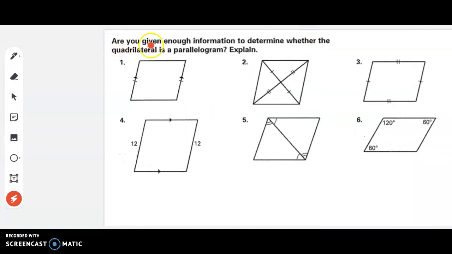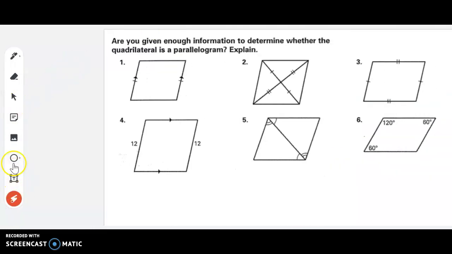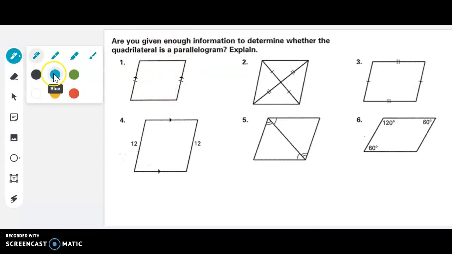So, are we given enough information to determine whether the quadrilateral is a parallelogram, and explain? The explain part is going to go back to these properties. Which one of these properties applies? On my first one, I'm noticing that I have a pair of parallel sides, and that side is congruent. So my answer is yes, this is a parallelogram.